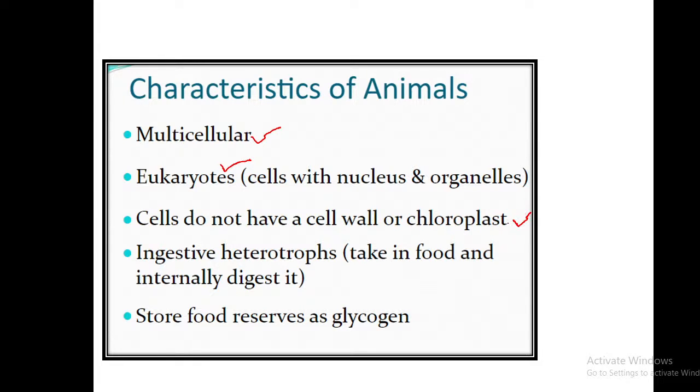That is the character of plants. Animals in the character, they are ingestive heterotrophs. Ingestion means taking in of food. Ingestion is taking in of food. So animals are ingestive heterotrophs, meaning they take in food and digest it.